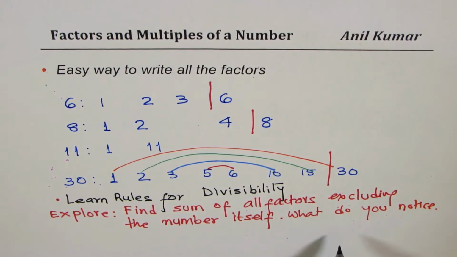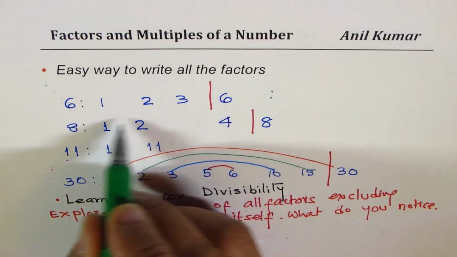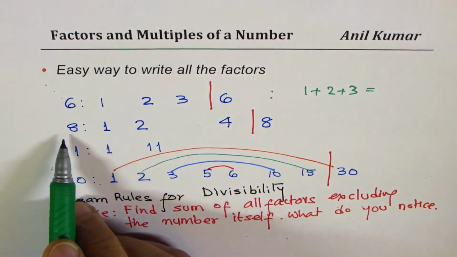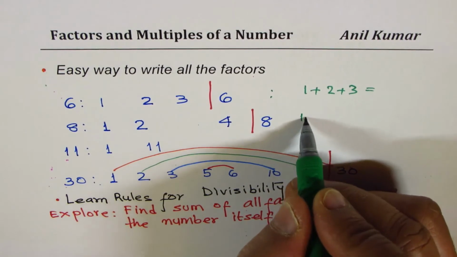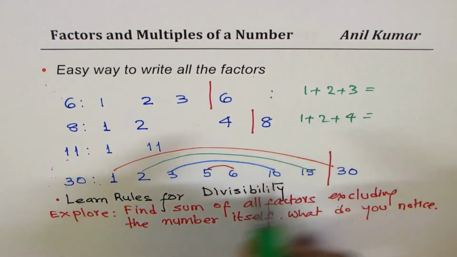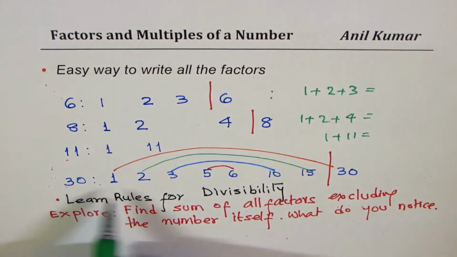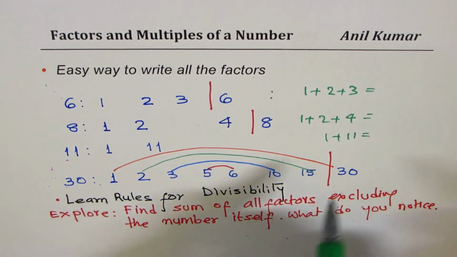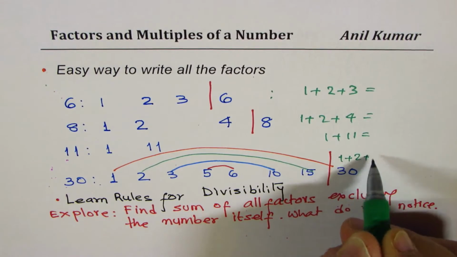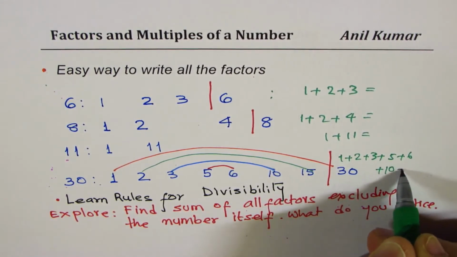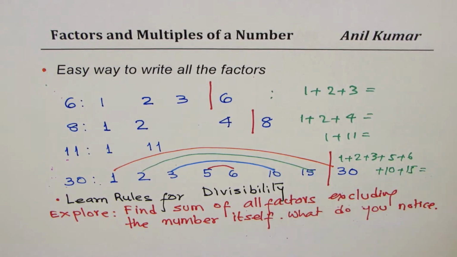Perfect. So what I'm trying to say here is, for the number 6, add: what is 1 plus 2 plus 3 equal to? For the number 8, add: what is 1 plus 2 plus 4 equal to? For the number 11, add 1 plus 11 equals to. And for the number 30, add all these numbers: 1 plus 2 plus 3 plus 5 plus 6 plus 10 plus 15 equal to, right?